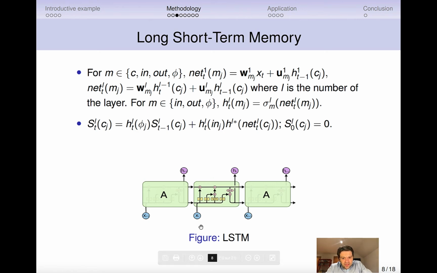You can see it like this here. Here we have xt, we have data that come from the past, ht minus 1, the information that comes here. You have information at t minus 1 here, times the information at time t.